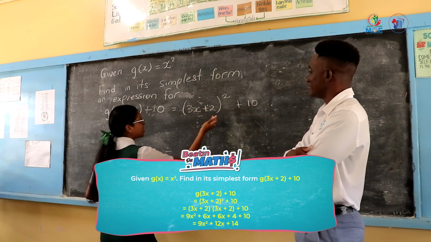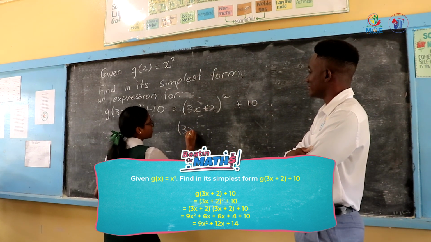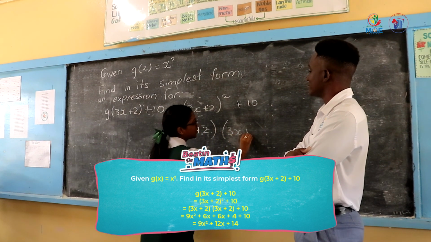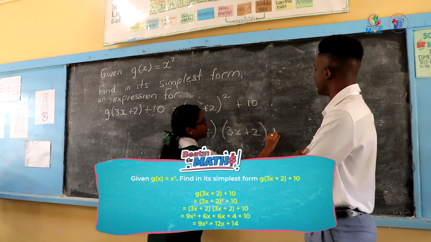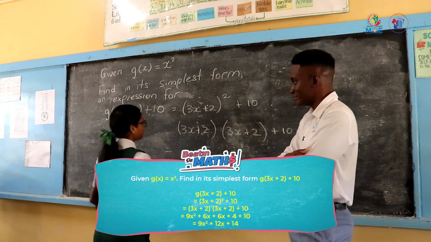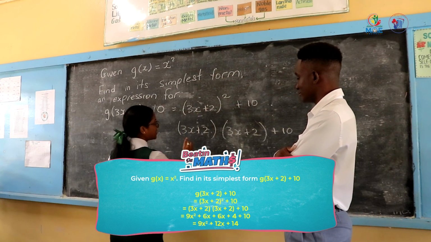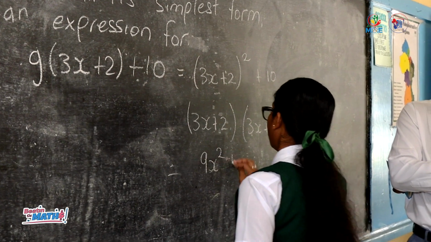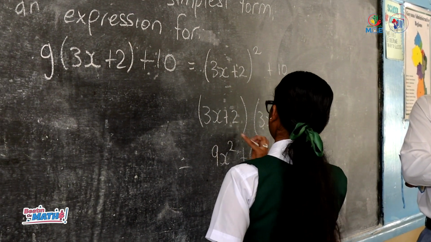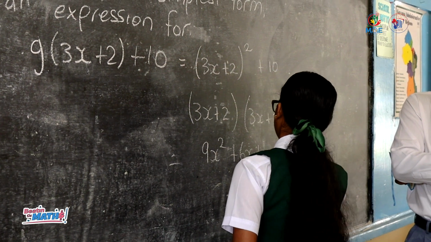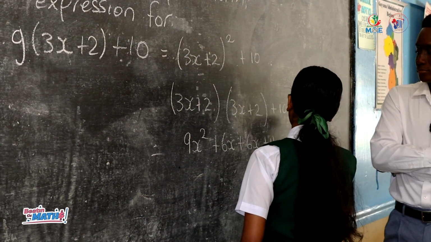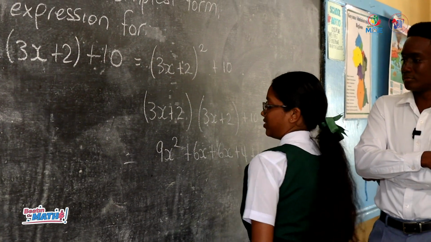Now, since this is squared, I know this has to be 3x plus 2 multiplied by 3x plus 2, plus 10. So multiplying the brackets, I get 3 times 3 is 9x squared plus 6x. Again, plus 6x. And 2 times 2 is 4. And I bring down back my plus 10.